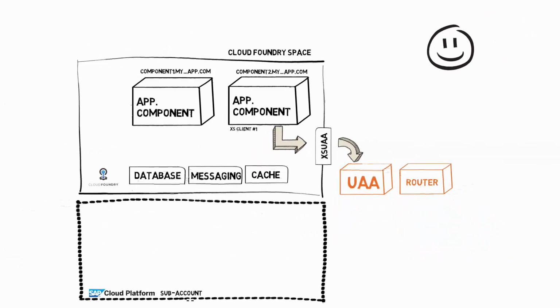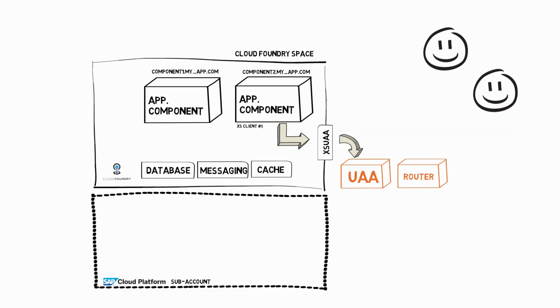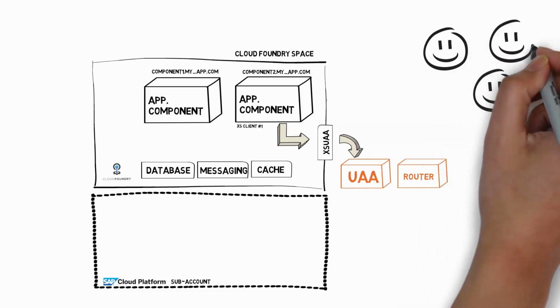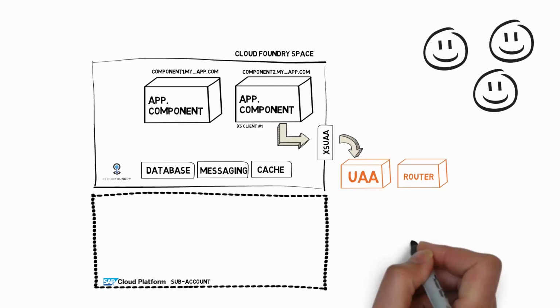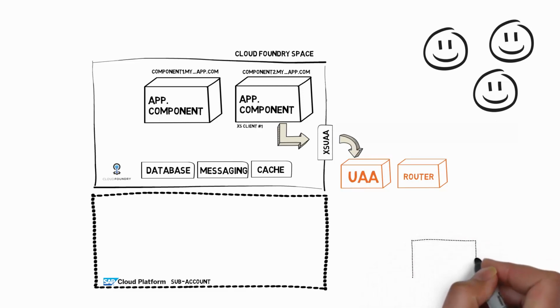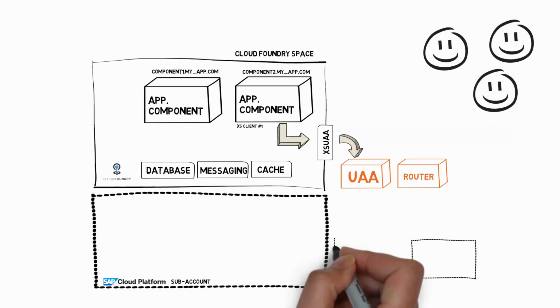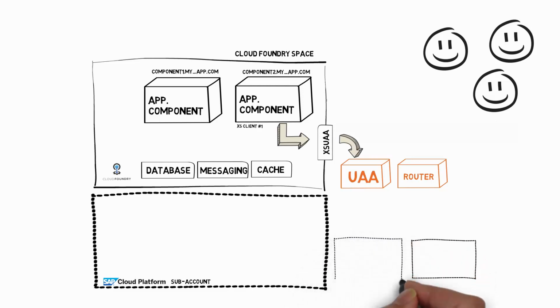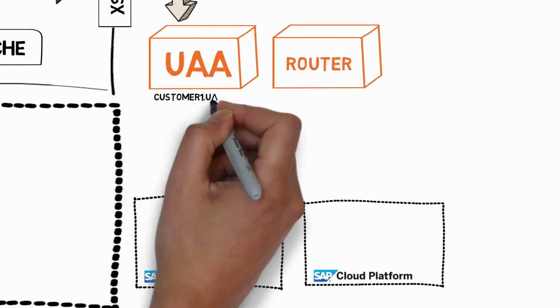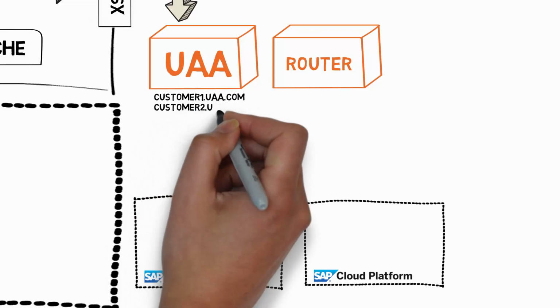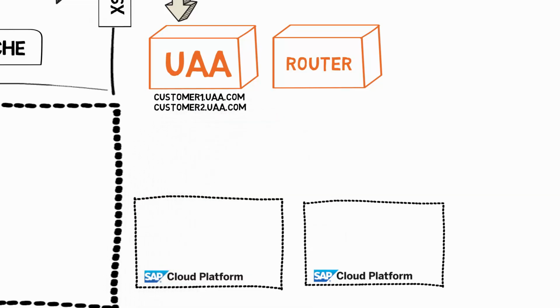But now let's assume you're building a multi-tenant application. So you want multiple customers to be able to use the application you have deployed to your space. How does that work? Well, since we are in fact running on the SAP Cloud Platform, these customers will have their own SAP Cloud Platform account just like you. And the good news is that the Cloud Foundry UAA is capable of handling multiple tenants or customers out of the box.